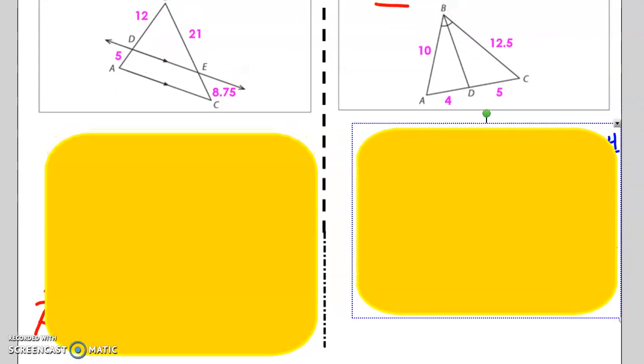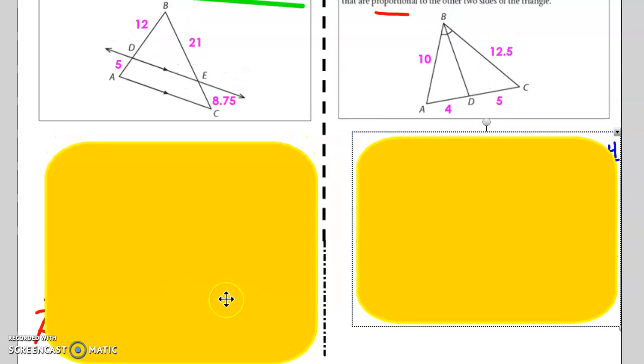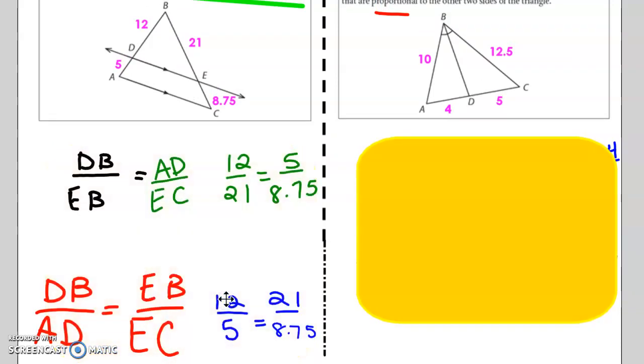Sorry, just trying to adjust the screen. All right, so I could set up the following proportion. I could set up DB over EB. Okay, and that's what I did here. Let me highlight that.